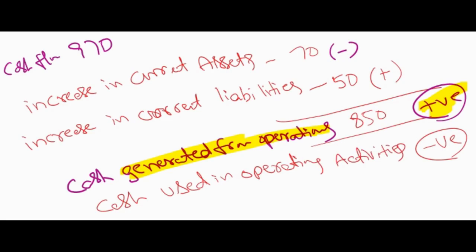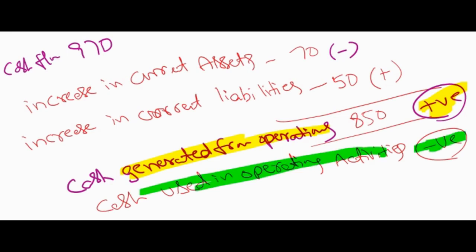So depending on the value, you change this terminology, right? Here, since this is a positive value, we are saying cash generated in operations. Now finally, because you have taken the value from the income statement, which is before tax, you need to reduce the tax.